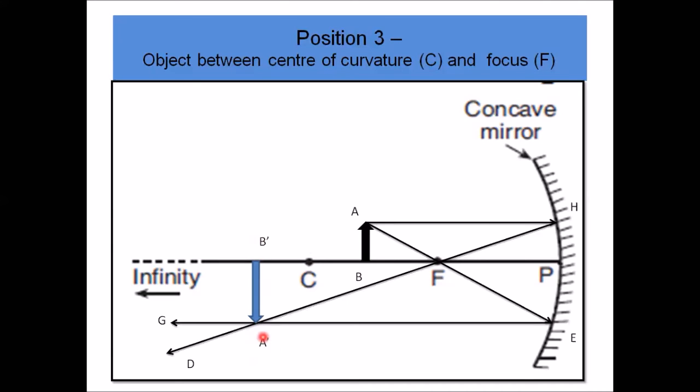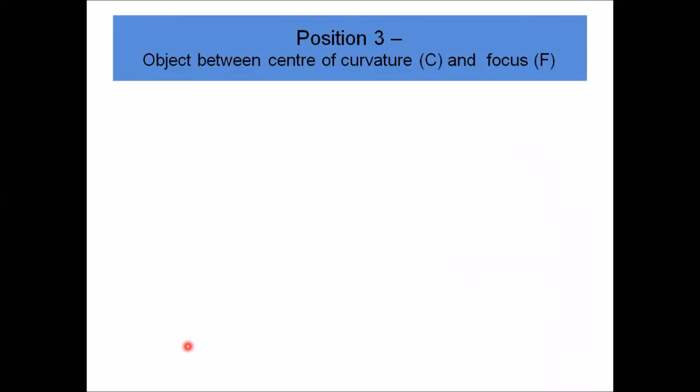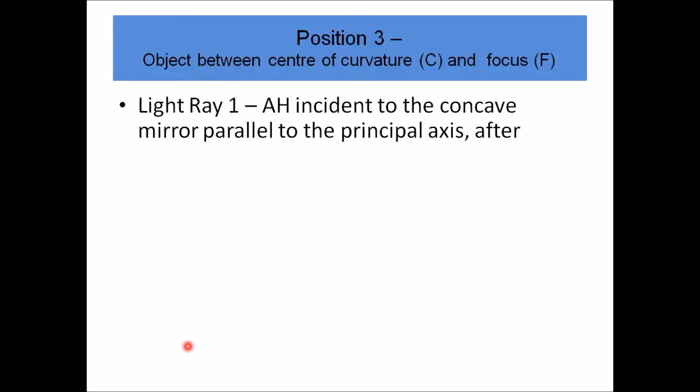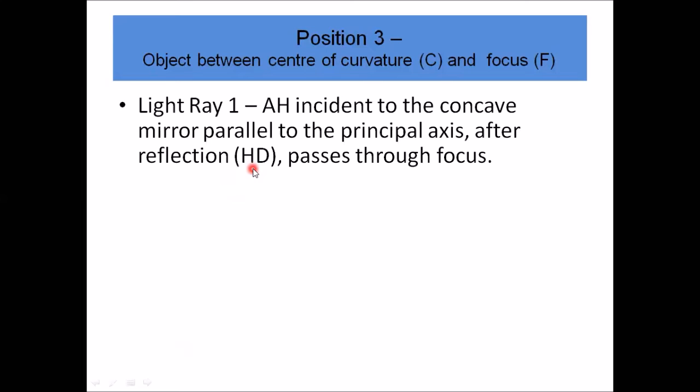At what point? At the point of intersection of the two reflected light rays. So what has been done till now? Light ray 1, incident ray AH, falls on the concave mirror parallel to the principal axis. After reflection it passes through the focus, and the reflected ray was HD.